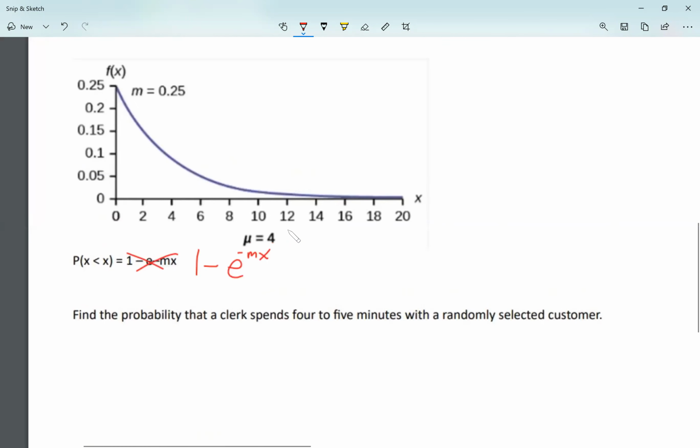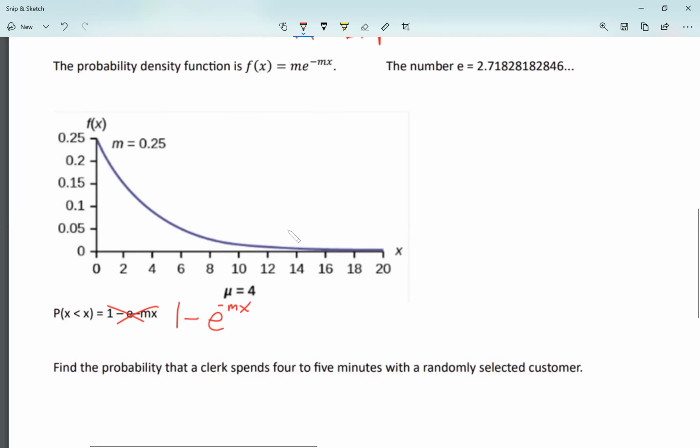Now, one thing I want to talk about here, about my probability function. I can find out what's the probability that this clerk, remember the mean was 4, will spend 5 minutes, 2 minutes, 7 minutes, any amount of minutes that I want to figure out.